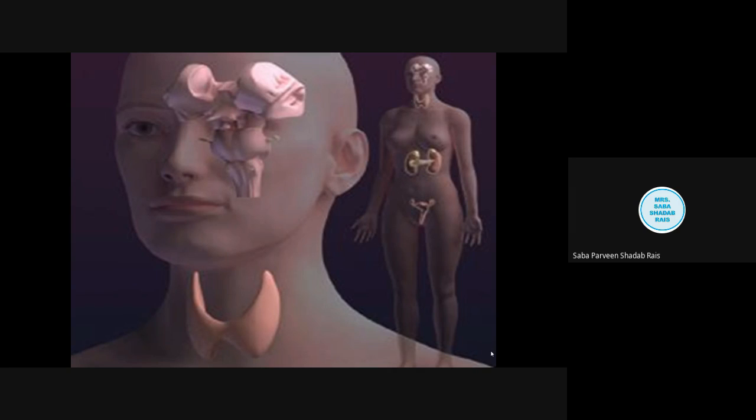So if any disturbance is there in the homeostasis, the brain can sense it, and in a very quick response the brain gives the command, or you can say order, to the endocrine system to produce the hormones to maintain this homeostasis.